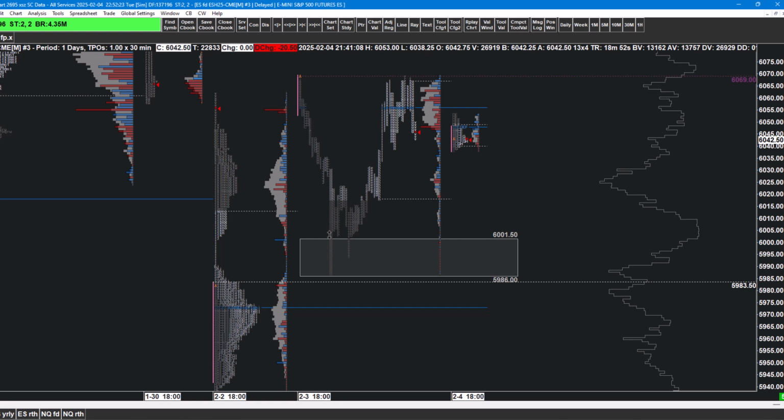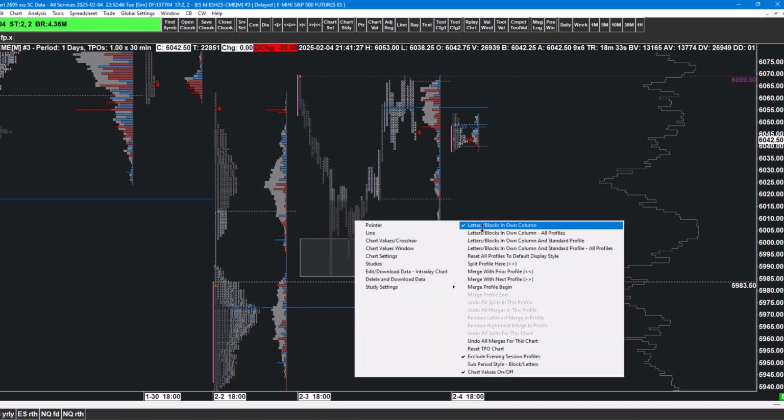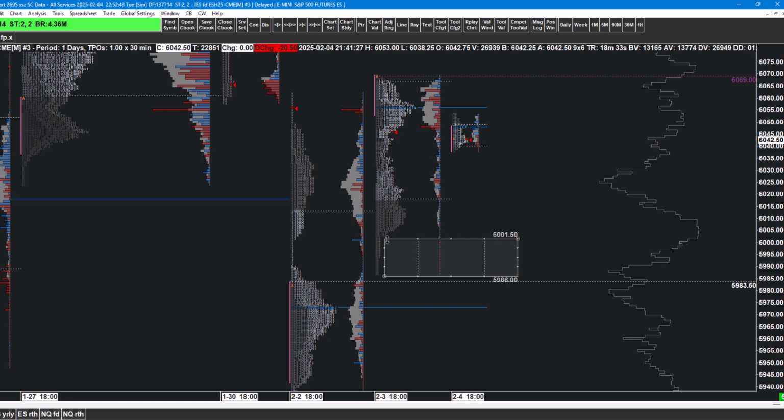Now you need to split the profile and make sure it's not just the open's rally and it's actually a buying tail. So here we came down, passive buyers came in, I had a level, passive buyers came in, and then they started buying it up. Then we came back, we tested it, passive buyers held their positions, castled, and we went up. So that's an area of support, obviously.